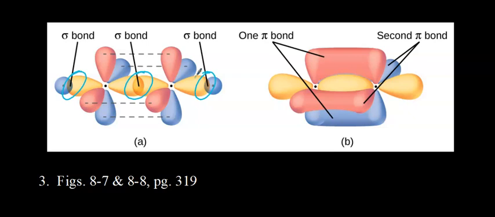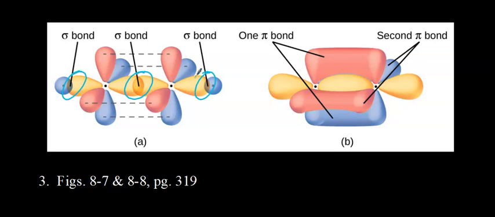Remember, these p orbitals are perpendicular to one another. So p orbitals lie along the x, y, and z axes. So let's say that one of them that was used to combine with the s was along the x-axis. So now we have one along the y and the z. The orbitals along the y-axis will overlap, and the orbitals along the z-axis will overlap, giving rise to 2 pi bonds. And again, this is maybe a little bit more clear in your book to see.